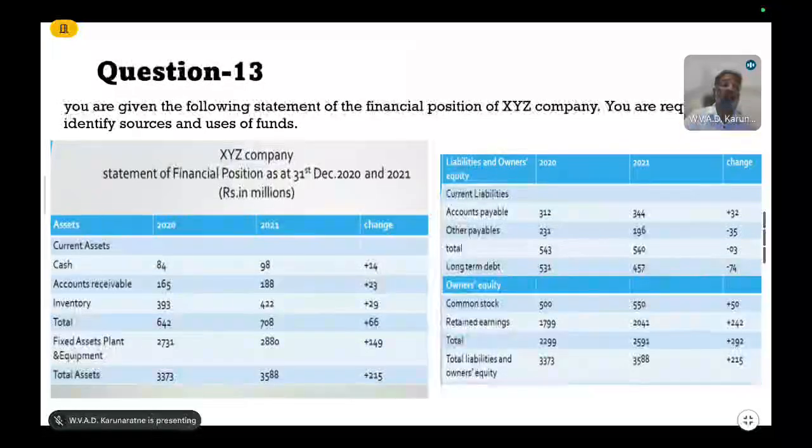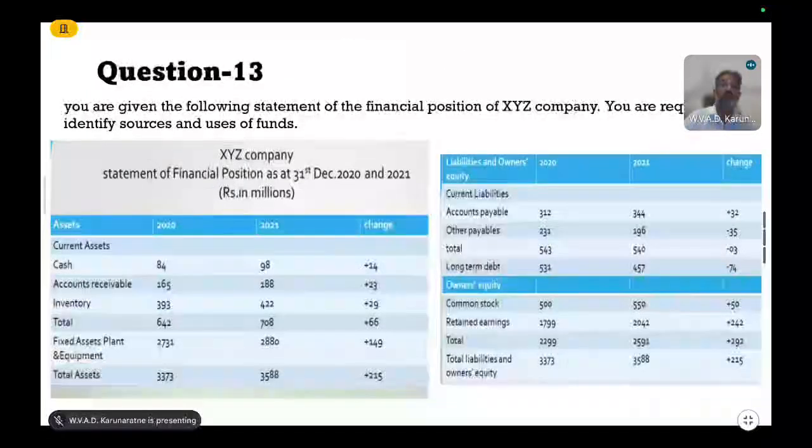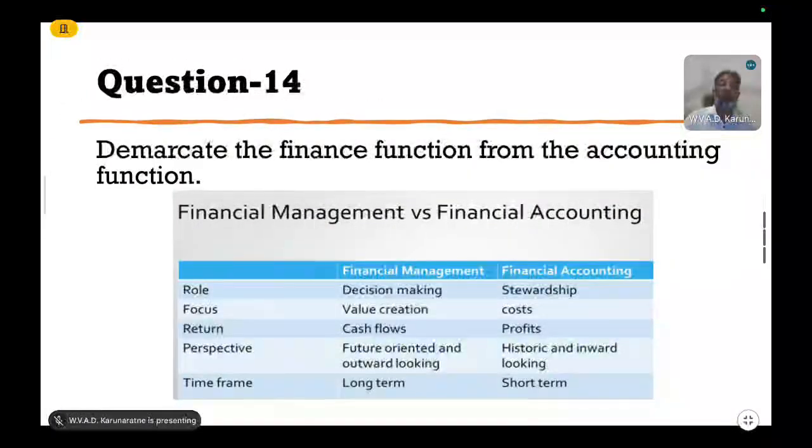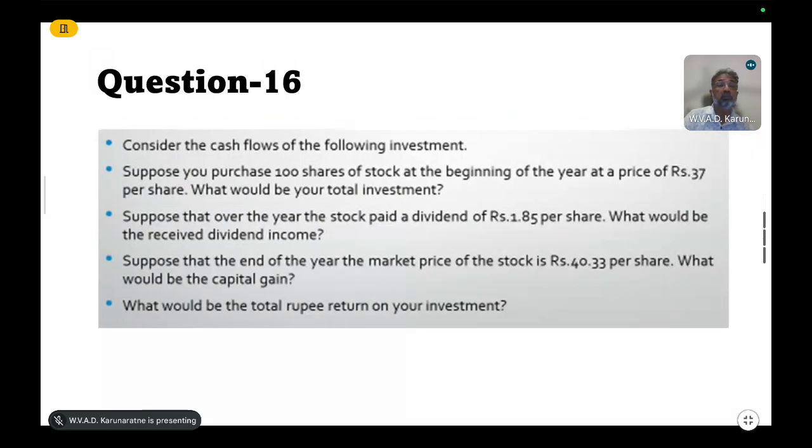You can see similar types of things. After reading them, you should be able to understand the sources of cash and the uses of cash, right? So how to identify through this kind of chart. You can see some examples as well, and the role of financial management.